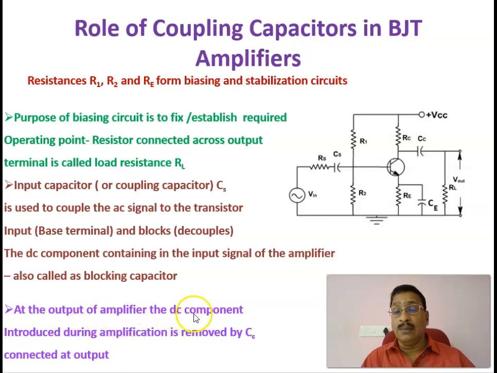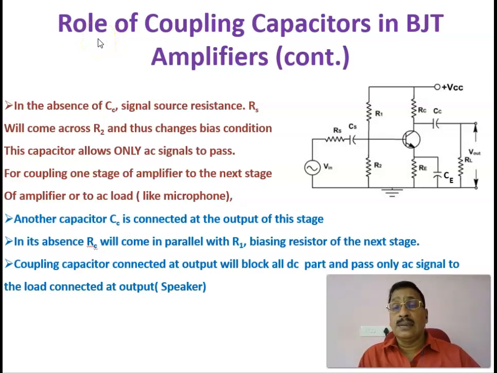At the output of the amplifier, the DC component introduced during amplification is removed by CC, which is connected to the output load resistance RL. That is the function of the coupling capacitor at the output side: to block the DC. Similarly, the one at the input side blocks the DC and passes only the AC signal from the source.